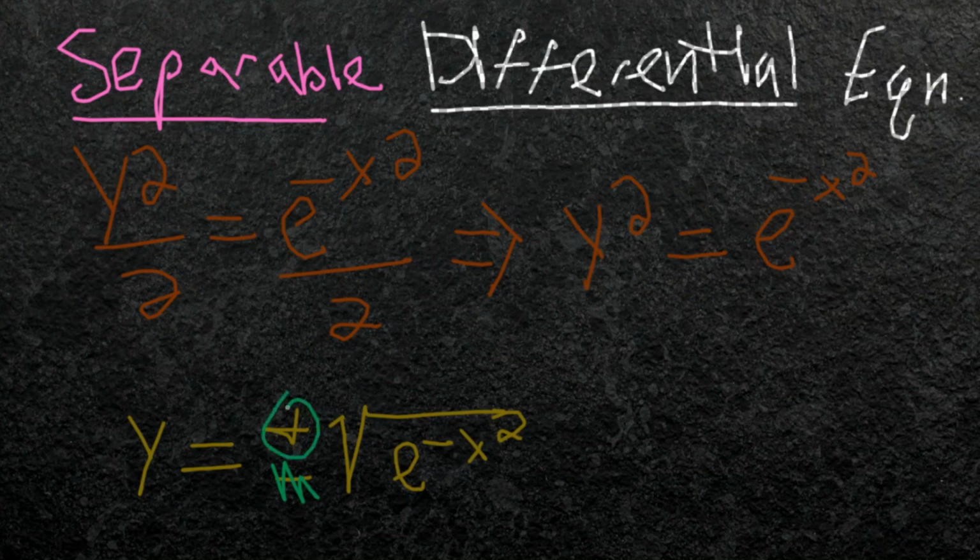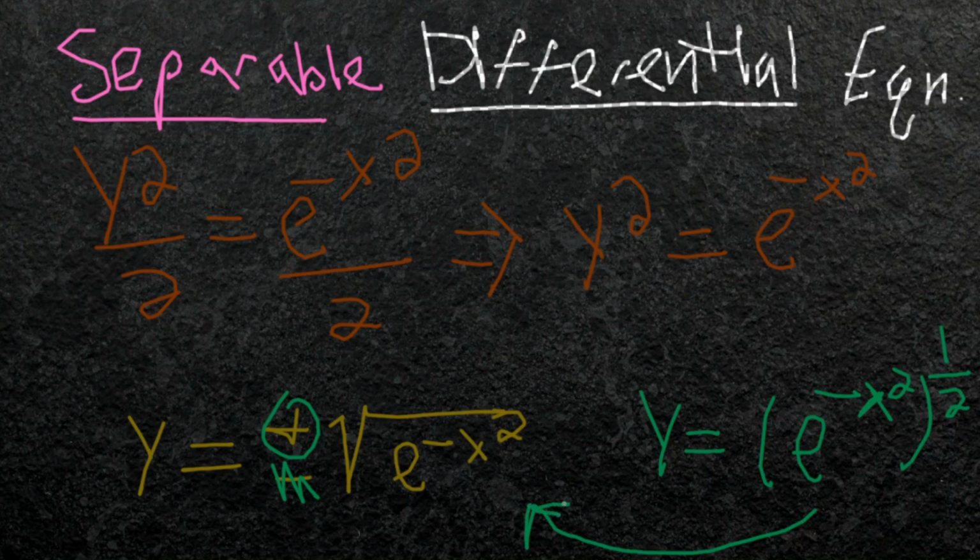So now we could write y is equal to e to the negative x squared to the 1/2 power. And that, of course, is equal to e to the negative x squared over 2. So y equals e to the negative x squared over 2 is a particular solution that satisfies the initial conditions to this original differential equation.